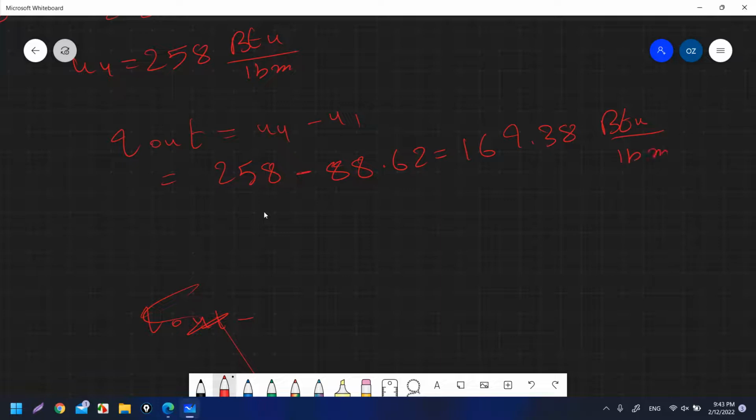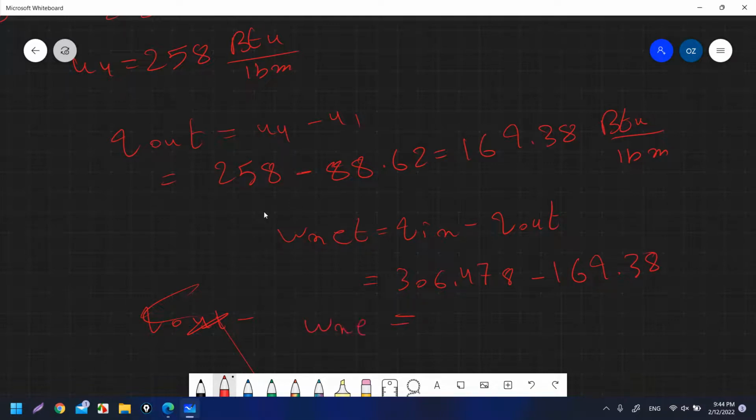For W net, it's equal to Q in minus Q out, which is 306.478 minus 169.38. So W net will equal 137.1 BTU per pound mass.